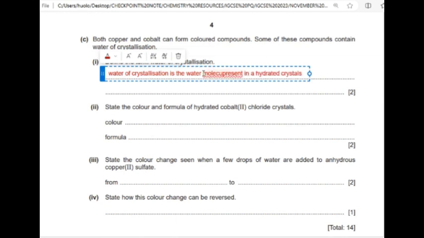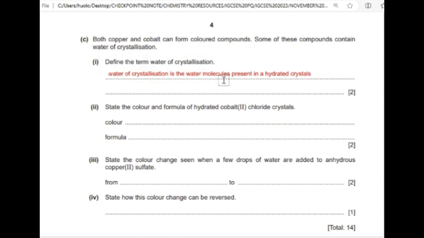Water molecules present in hydrated crystals. Your ability to mention water molecules or water gives you 1 mark, and hydrated crystals, 1 mark.